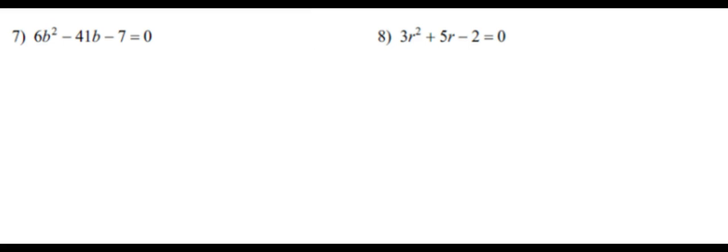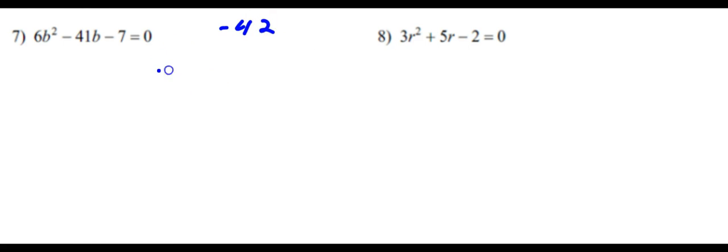So number 7 is a little bit different because it has this leading coefficient out in front, this 6. The bottom line, though, we're just going to multiply the 6 times the -7, and that gives us our number that needs to be factored to multiply times it and add to this b value of -41. So 6 times -7 is -42.